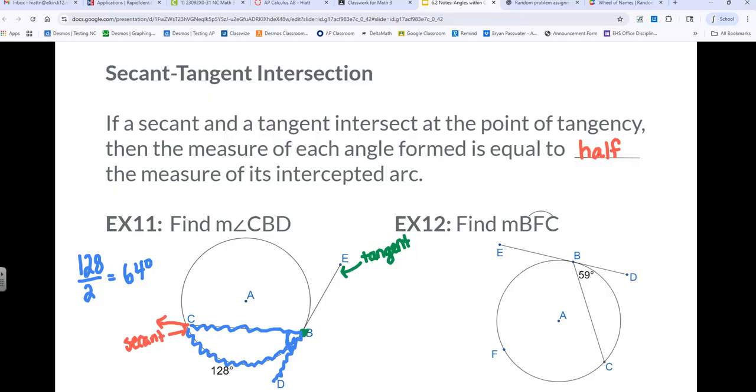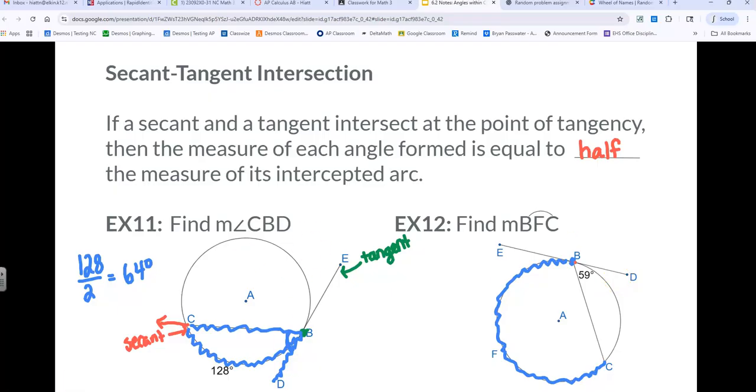Okay, so if we look at 12, it's asking us for arc BFC. So arc BFC goes all the way around here. Do we have the angle that goes with arc BFC? We do not have that, right? We've got 59. This angle over here, we know, let's switch colors.